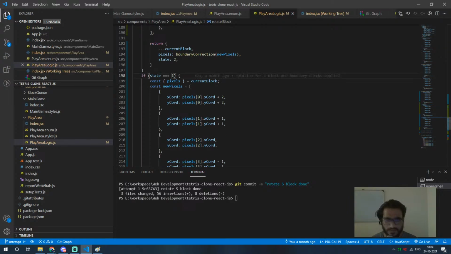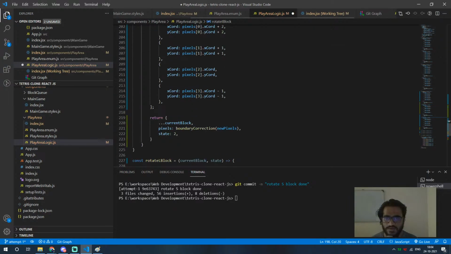Okay, so from the second state we need to go to the third state. The third state was, I think, we'll rotate back to state 0, but for now I'm keeping it as the mid state.